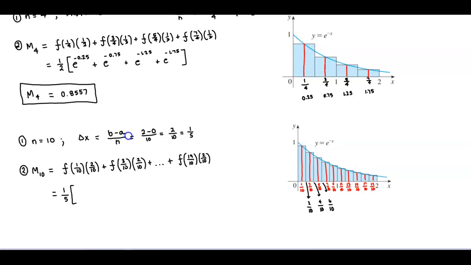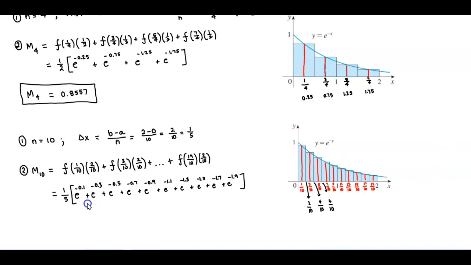That means that we have e to the negative 0.1 plus e to the negative 0.3 plus e to the negative 0.5 plus e to the negative 0.7 plus e to the negative 0.9 plus e to the negative 1.1 plus e to the negative 1.3 plus e to the negative 1.5 plus e to the negative 1.7 and plus e to the negative 1.9.